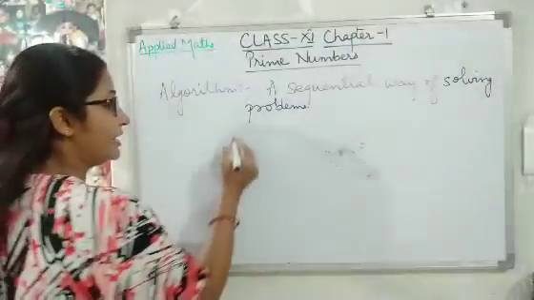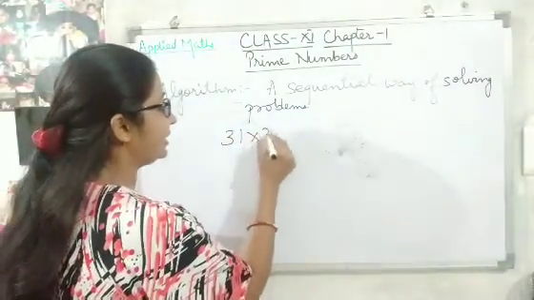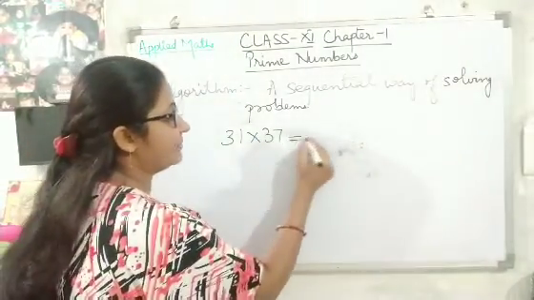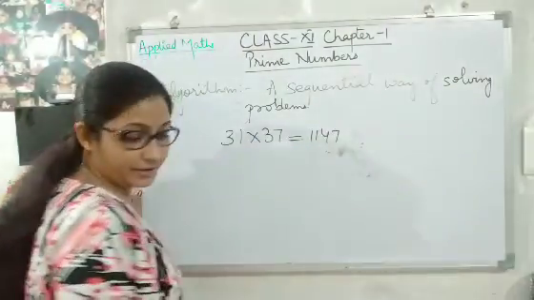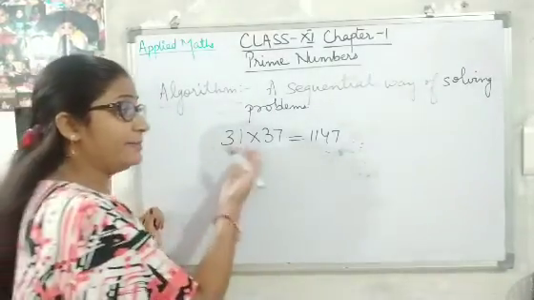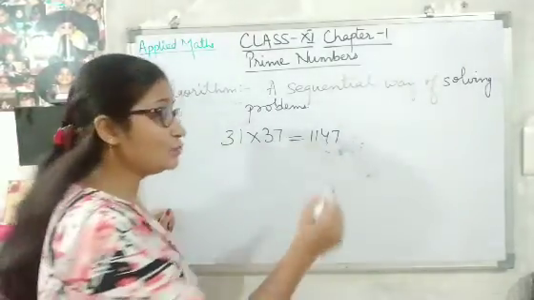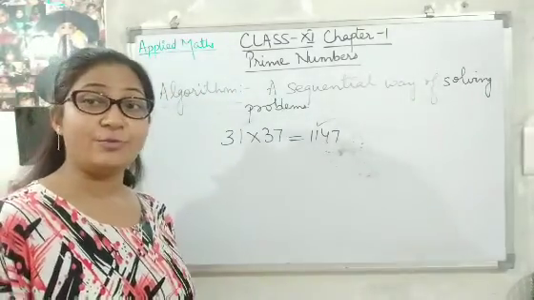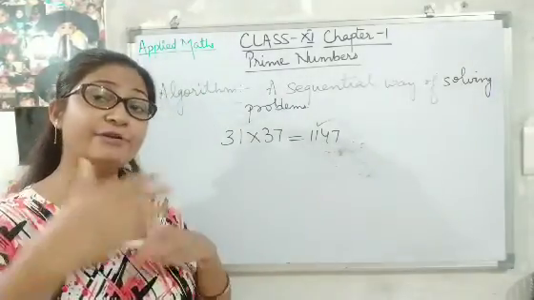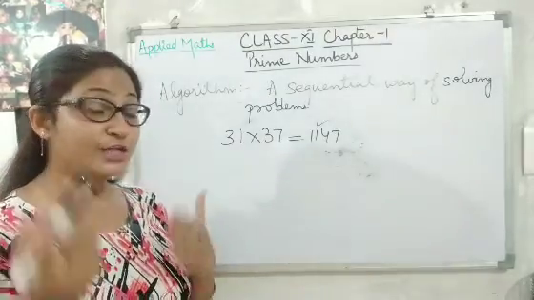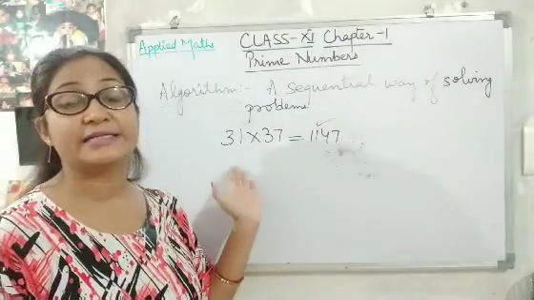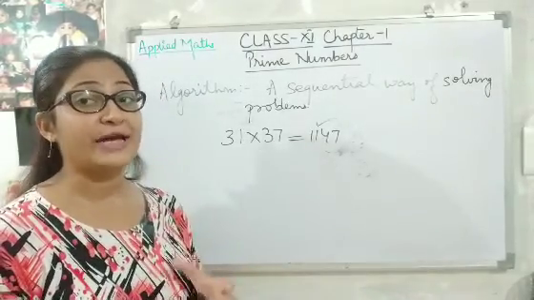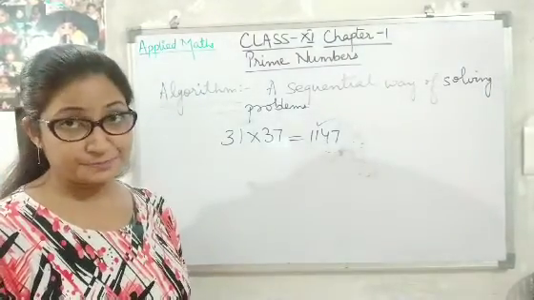For example, if I take 31 and 37 and multiply them, I will get 1147. Multiplication is easy, but if I ask you to find the factors of this number, you will start from 2 onwards, and it will be quite difficult for you to reach 31 and 37 to find that it is the product of these two numbers. That is the reason why prime numbers are being used here.